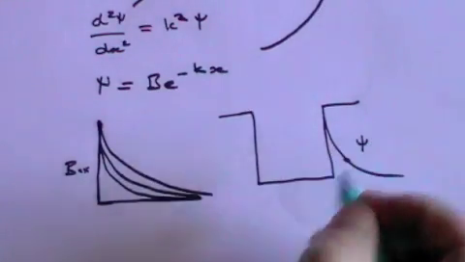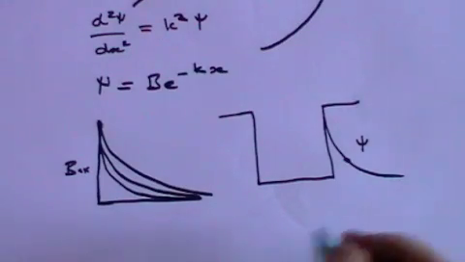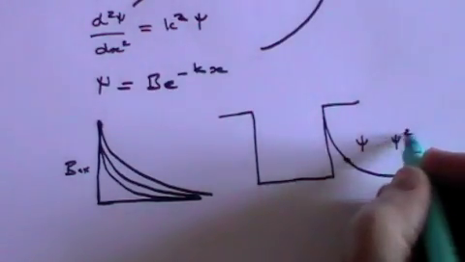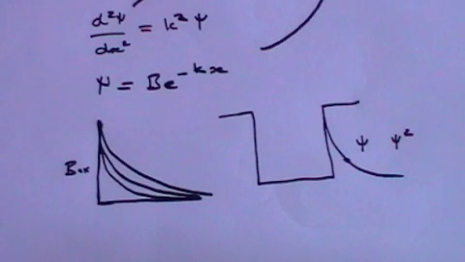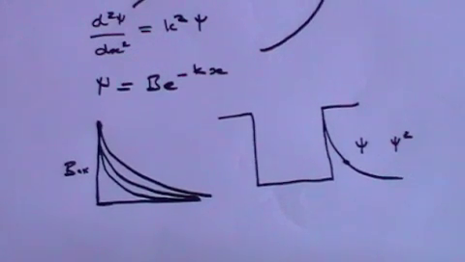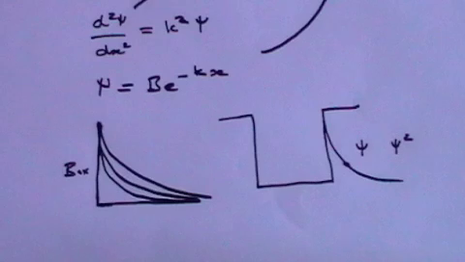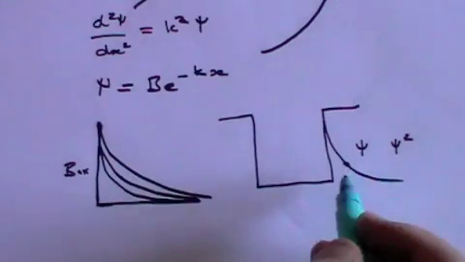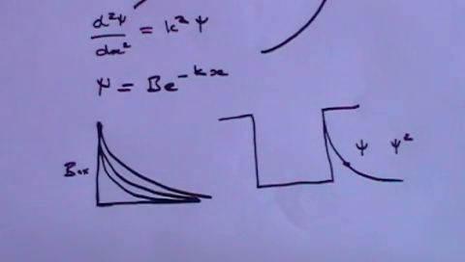And if psi is small but finite, then psi squared is small and finite. But psi squared represents the probability of finding the particle at that point. And so what this tells us is that there's a small but finite probability of finding the particle outside the box.